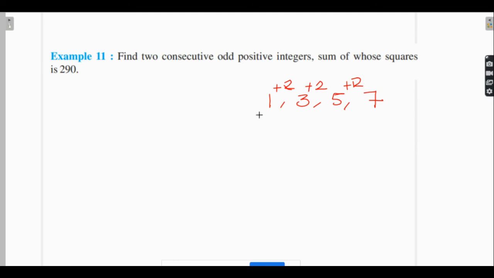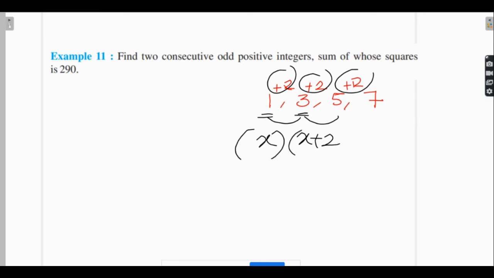So let the first number be x, and the second consecutive number be x plus 2. You understood why plus 2? Because everywhere you have plus 2. So to the first number, when you add 2, you get the second number. Correct? So these are the two consecutive odd numbers.